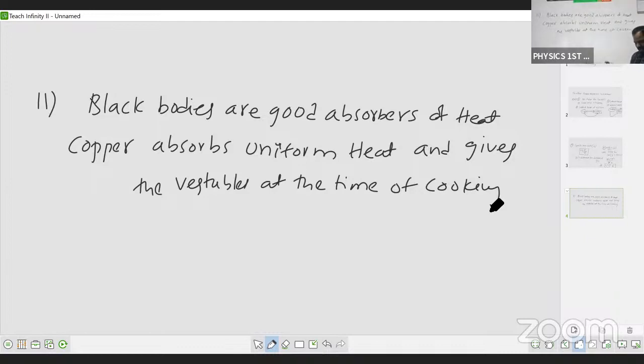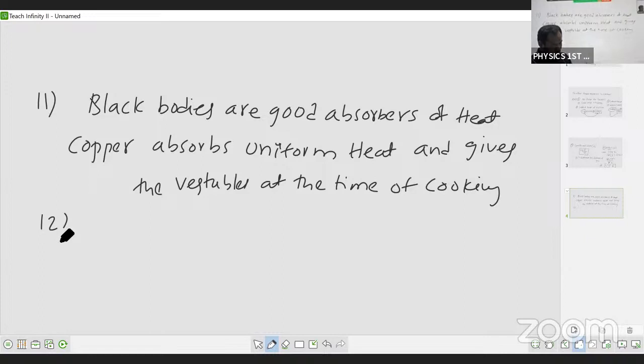Next, ventilators are provided in the rooms just below the roof. Why? You know ventilators. Ventilators' purpose is that we want to remove hot air out. When hot air goes out, automatically cold air comes in. That's why the question, why?